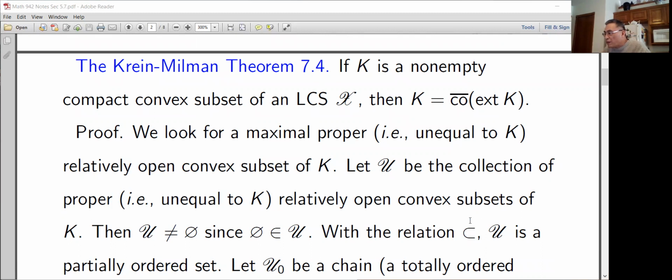This is a partial order because we could have two open sets, neither one contained in the other, so it is not true that every two elements can be compared. So it is a partially ordered set. Let U0 be a chain.